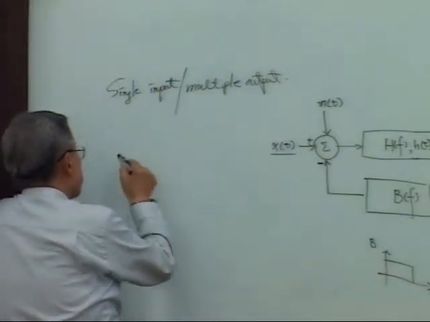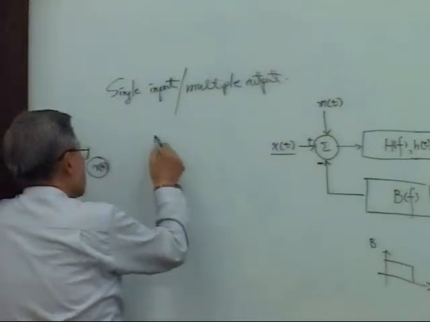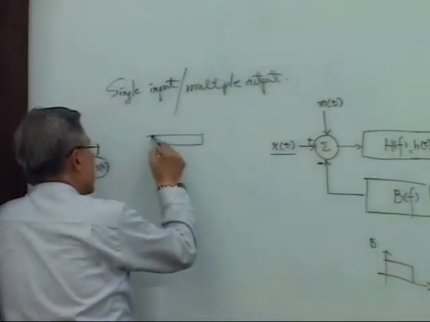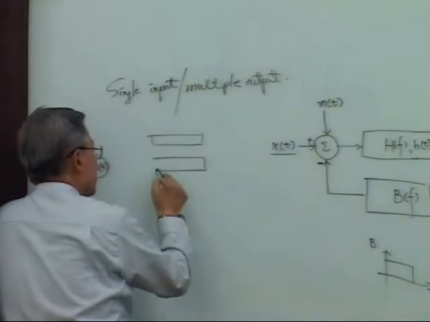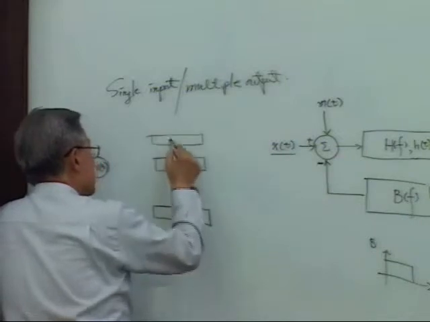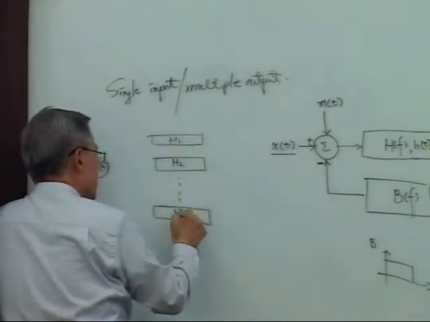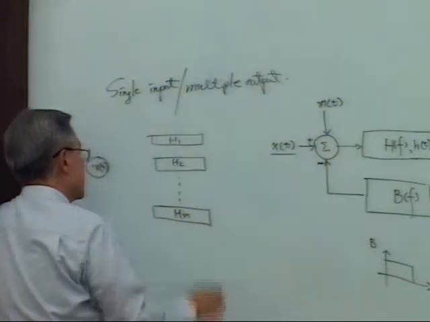So single input is xt, right here. Multiple output, you have a multiple system. It has h1, h2, all the way through hn.